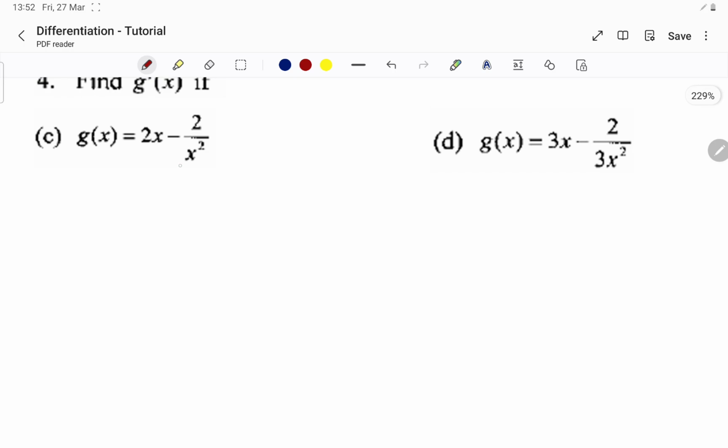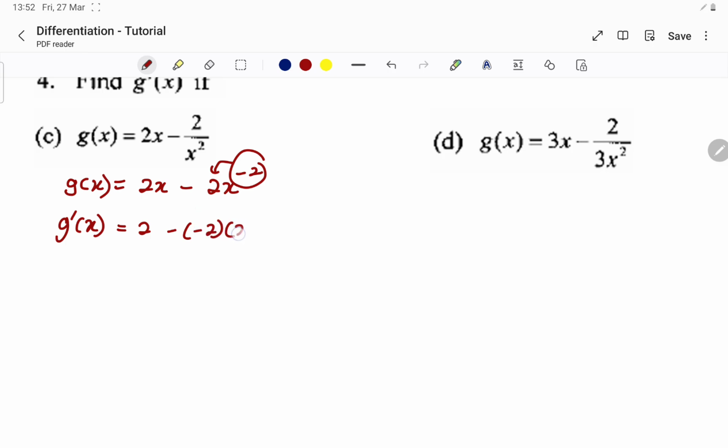Okay, for g(x) we have 2x minus 2 over x squared. You see we have a fraction here, right? So we change it into index form, which is 2x to the power of negative 2. Then this is your g(x). And then you find g prime x, which is 2x you differentiate becomes 2, minus with negative 2 in front, right? So you bring negative 2 multiplied with 2, then x to the power of negative 2 you maintain, but the power minus 1.